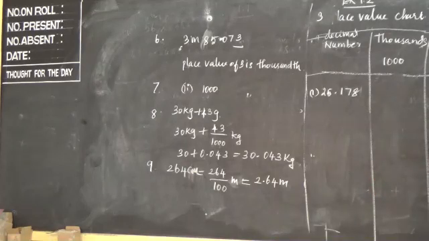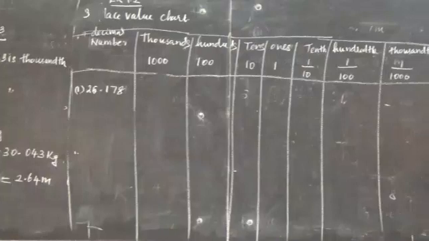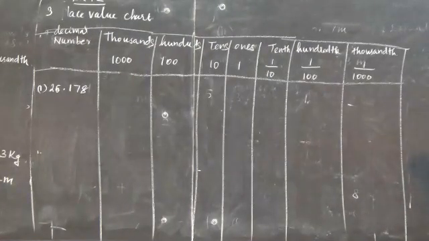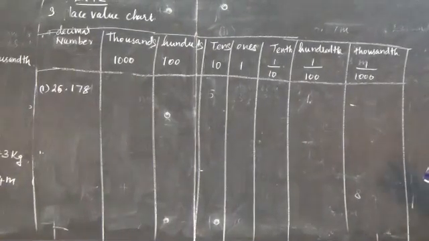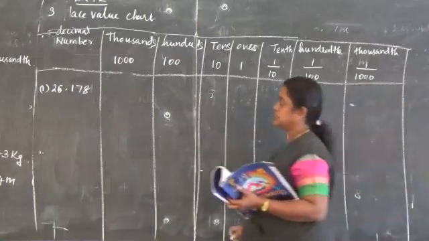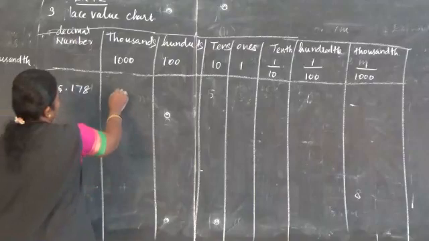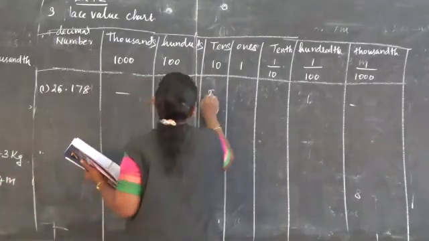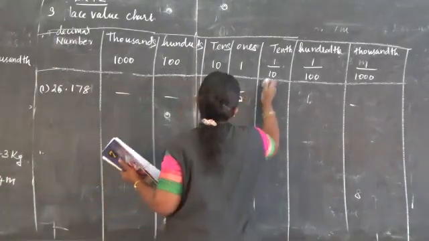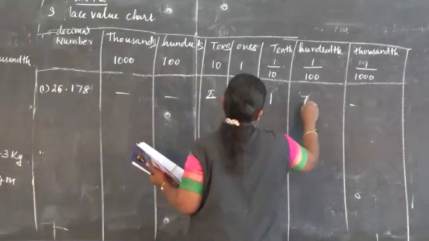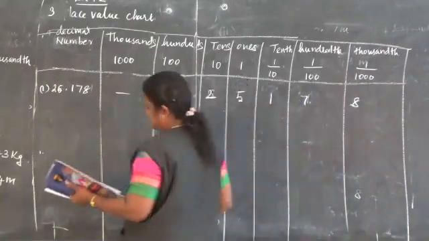Here they didn't ask any place value, they are only asking to write the place value table. No need to find the place value of the particular digit. So 25.178, no thousands, no hundreds, 2 tens, 5 ones, 1 tenth, 7 hundredths, 8 thousandths.